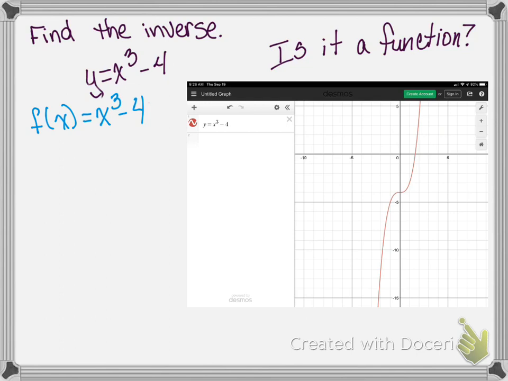This right here never becomes exactly vertical. It keeps getting wider and wider. It's very minute, but it does. You're really looking for the loops, or the hills and valleys, the maximums and minimums. That's when it's not a function. So yes, this is a function, and yes, it's one-to-one.